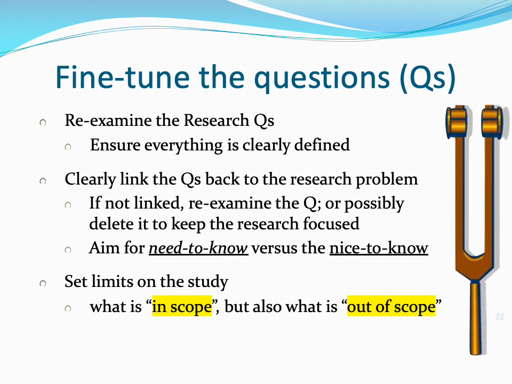So for example, if you find out that 60% of your population is female and 40% are male, are you going to do anything differently for the female population to the male population? If not, then you probably don't need to ask about gender.